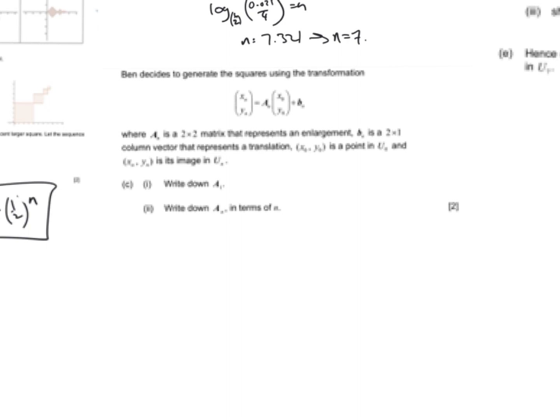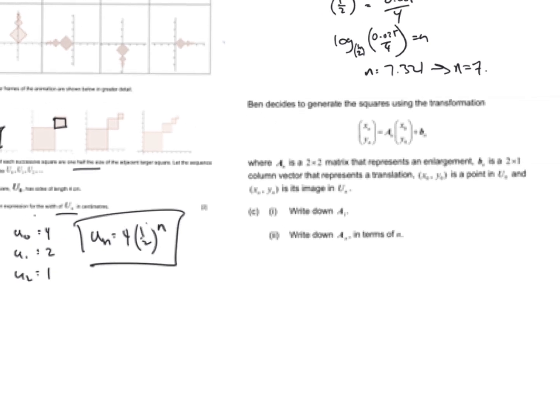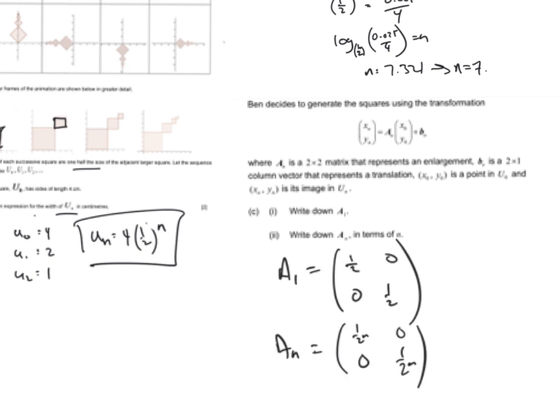It's going to be the enlargement matrix, and if I look here, it's this particular square going to this square size, that enlargement, and I know it's by 1/2. And so A1 is simply going to be 1/2, 0, 0, 1/2. And An is going to be the subsequent matrices, so it's all going to be 1/2 to the power of n, 0, 0, 1/2 to the power of n.